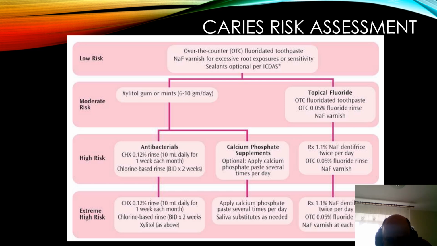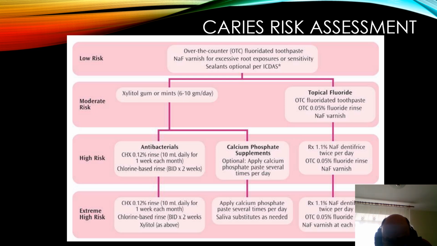And according to this table, we can define a risk group for every person. And we can define our activities, what we need to do to prevent caries in different caries risk groups.